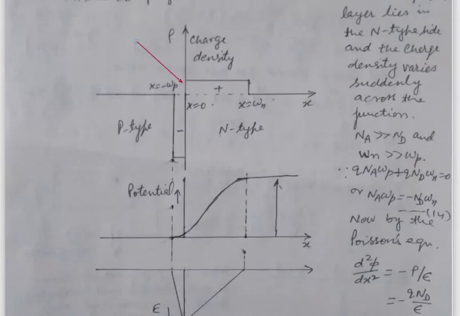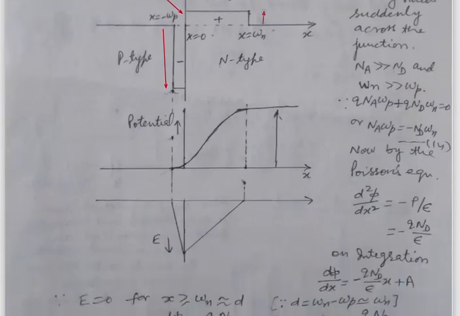This is shown by this reason that this is the value of Na and this is the value of Nd, which is very small as compared to Na. This can be understood by this space charge density, and the graphs for the potential and the electric field across the junction are also shown in the figure.